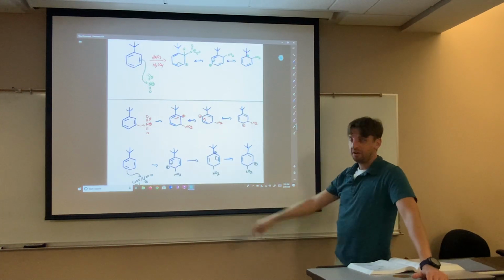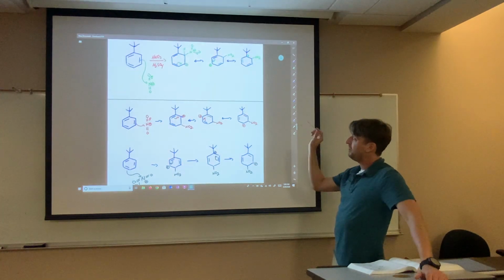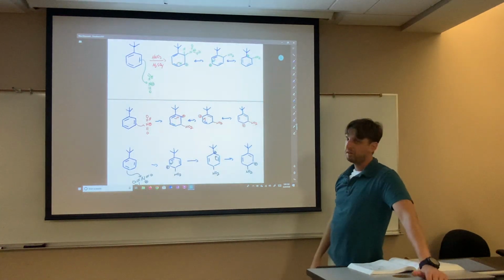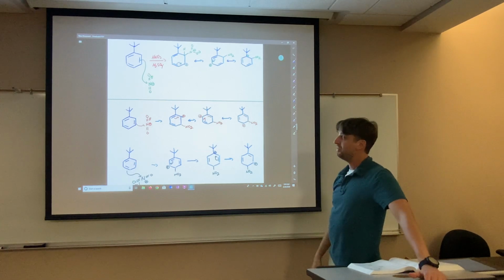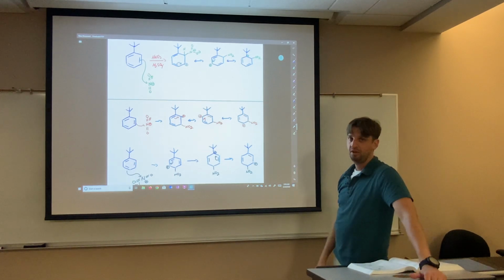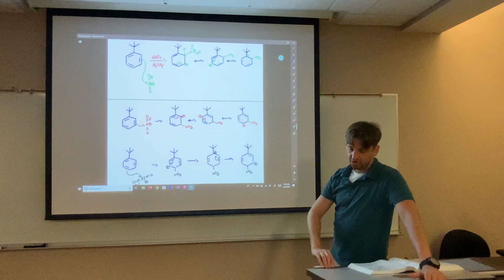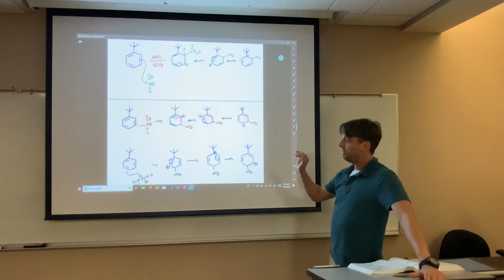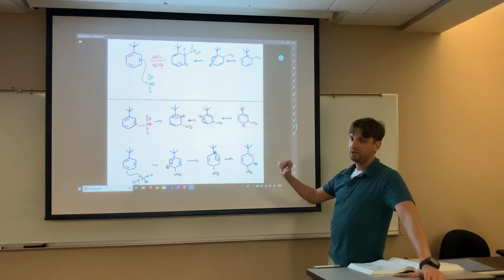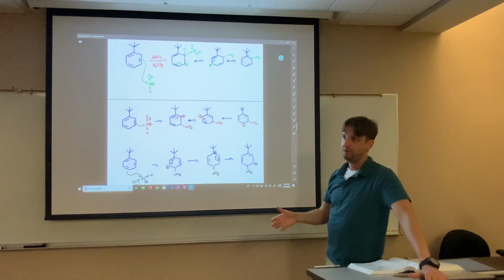Here's the point, okay? The point is we can draw 3 resonance structures with all of these potential mechanisms. So we can't immediately go through and say that one of these is better than the other simply based off of how many resonance structures, right?